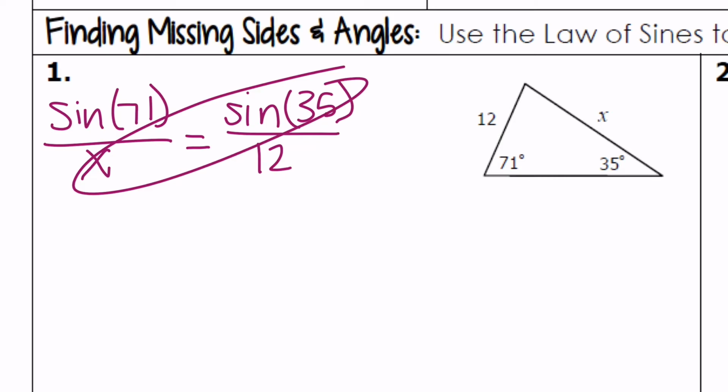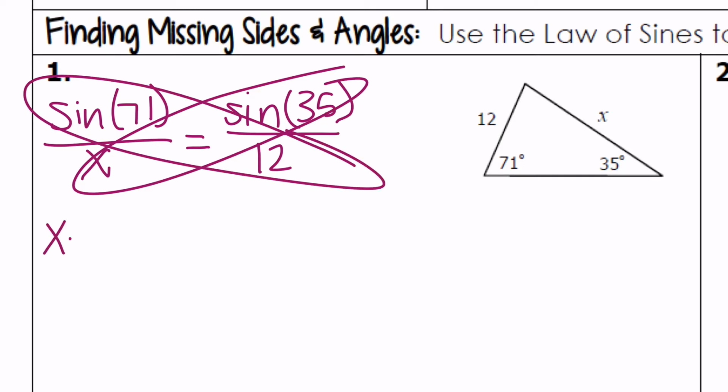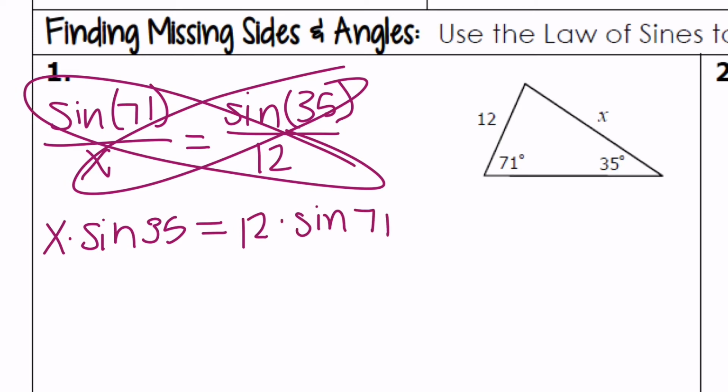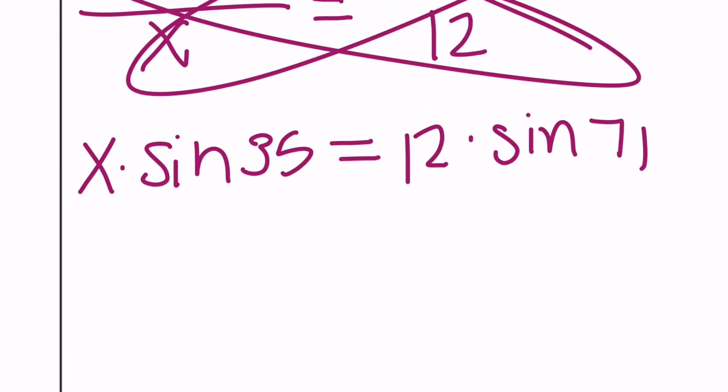So I'm going to multiply those 2 and those 2. I'm going to have x times the sine of 35 is equal to 12 times the sine of 71. Then I'm trying to get x all by itself, so all I do is divide both sides by sine of 35.